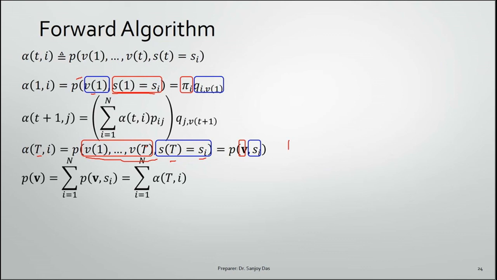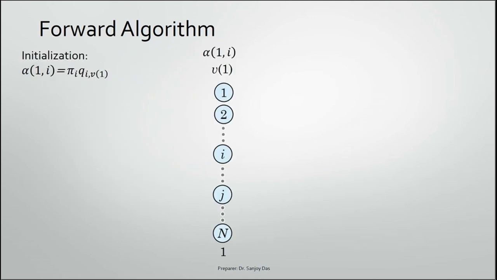So this is the probability of V1 through V uppercase T, and that's the entire vector V, and St equals Si. And so to find probability of V, all we have to do is sum over all possible Si's. That is summation of i equals 1 through n of alpha Ti equals probability of V. That's our goal to find out.